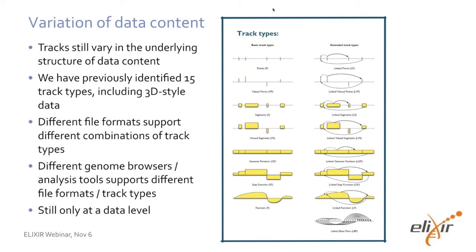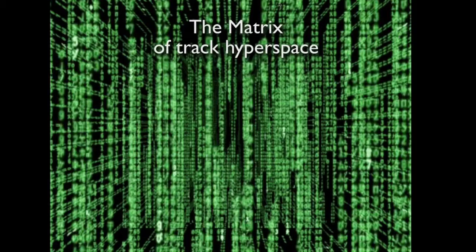There are also different file formats, and different file formats support different variants of these track types. Different genome browsers and analysis tools also support different variants of these track types. So this is just on the pure data or informational content level.